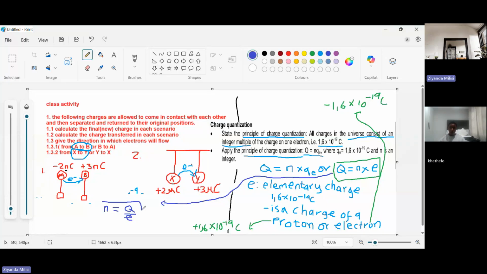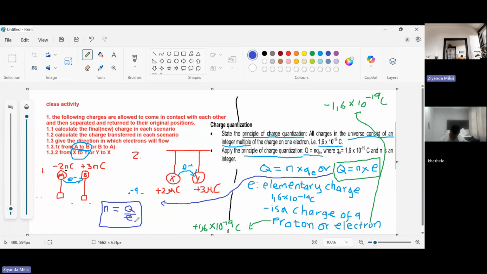What does n stand for? Number of electrons. Okay? Yes, ma'am. n stands for number of electrons. Q stands for charge.